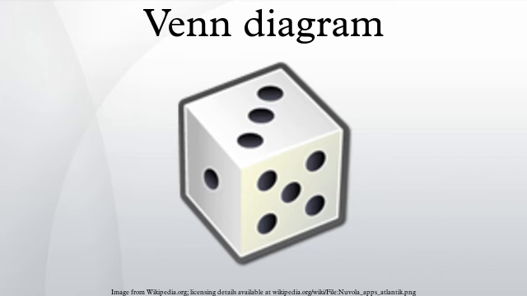Bibcode 2012. External links: Hazewinkel, Michiel, ed., Venn Diagram, Encyclopedia of Mathematics, Springer. ISBN 978-1-55608-010-4. Weisstein, Eric W., Venn Diagram, MathWorld.